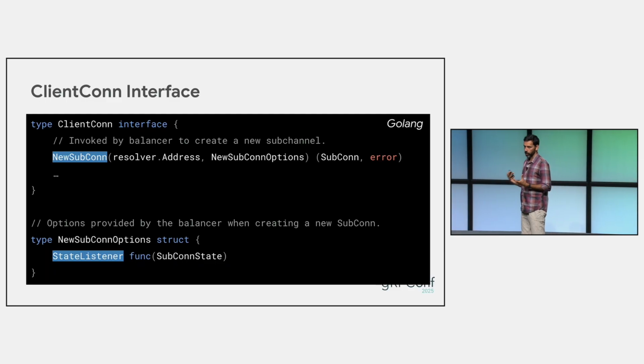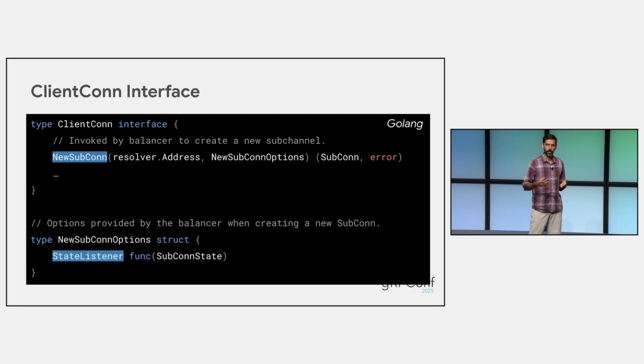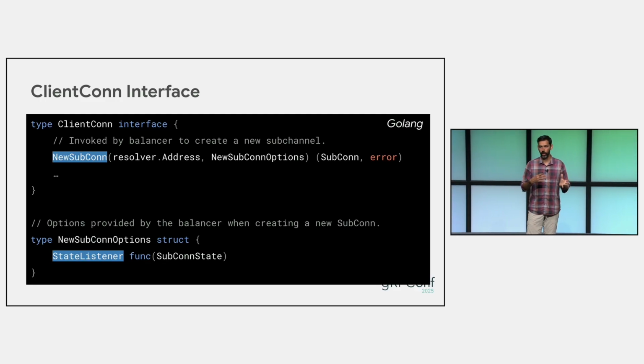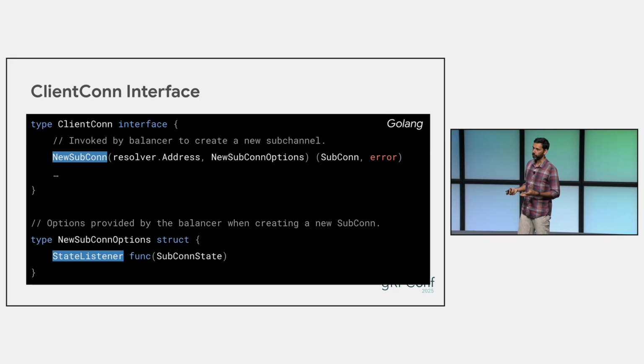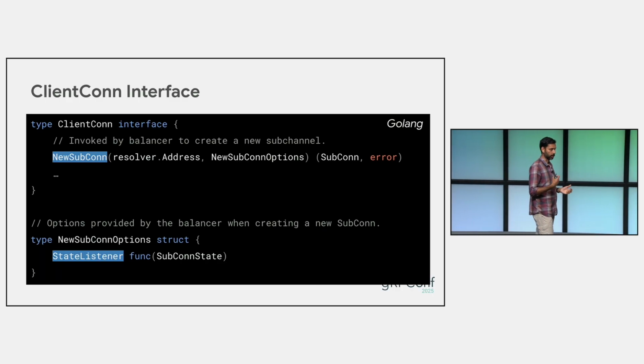This is the function used by LB policies to create a new subchannel. The LB policies pass the address of the backend that they want to create a subchannel to, and they can also pass some options. One of the options is this state listener callback that LB policies register with the channel to get notified whenever the connectivity state of the subchannel changes.